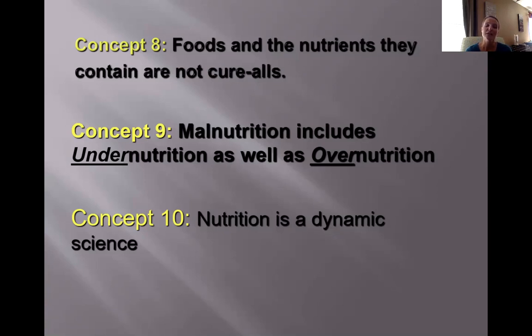So finally, nutrition is a dynamic science. It is changing all the time, which makes it hard and also very confusing. One day you're going to hear red wine helps prevent cancer. The next day it may not. And you're like, I don't know what to believe, but it is changing. Part of why it's hard to study nutrition is that we don't eat just one thing, right?